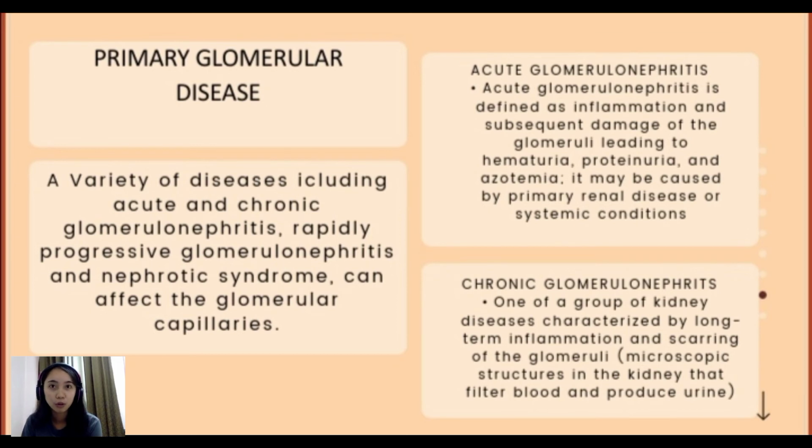Acute glomerulonephritis is defined as the inflammation and subsequent damage of the glomeruli leading to hematuria, proteinuria, and azotemia. It may be caused by primary renal disease or systemic conditions. Chronic glomerulonephritis is a kidney disease characterized by long-term inflammation and scarring of the glomeruli.